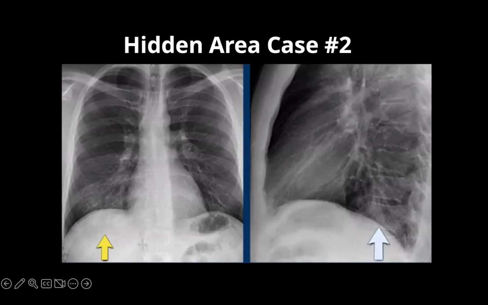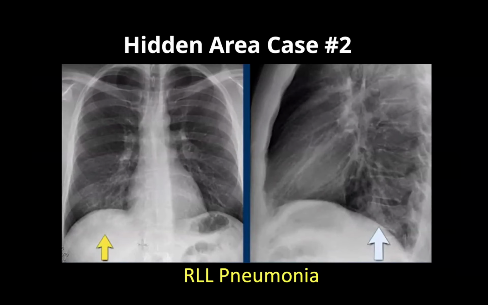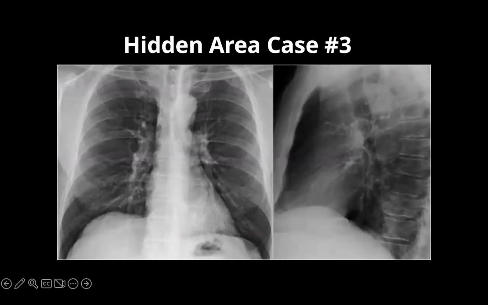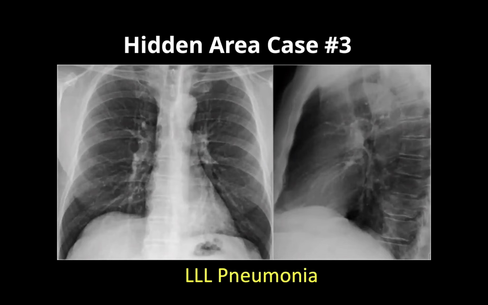So there is a spine sign, there is an opacity here, and that was pneumonia or airspace consolidation in the right lower lobe. Now, what do you think here? Where is the abnormality? It's very subtle, huh? But you can see that there is a retrocardiac opacity with spine sign. So that was another airspace consolidation in the left lower lobe.